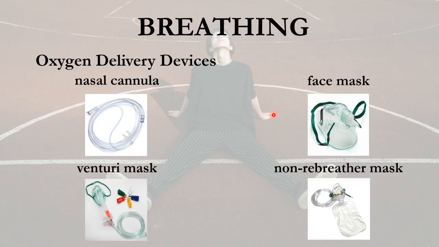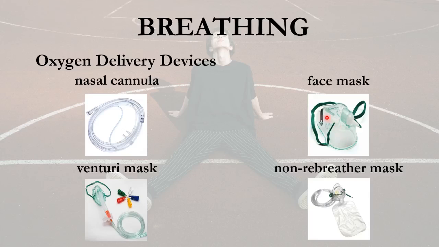The oxygen cannula is a long tube with these prongs. These prongs go into your patient's nostrils, and then this port here attaches to the oxygen supply. And then for the face mask, this part here attaches to the tubing that attaches to the oxygen, and then this mask covers the patient's nose and mouth.